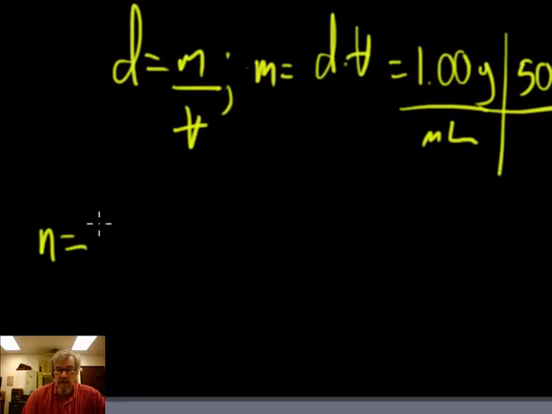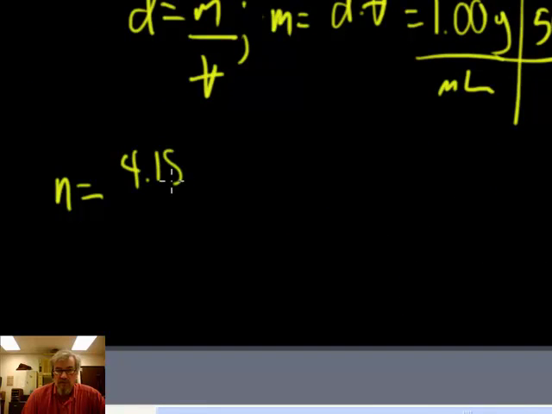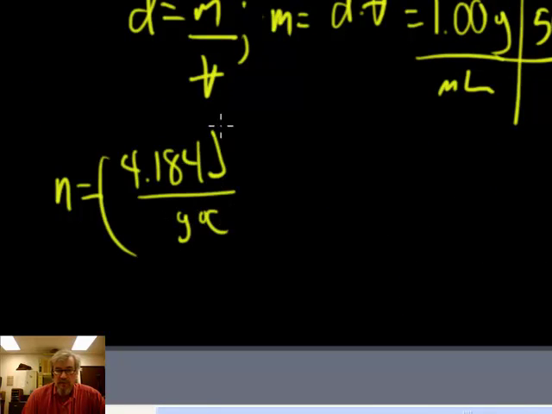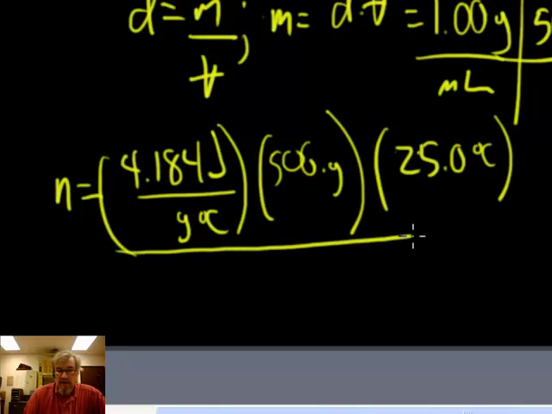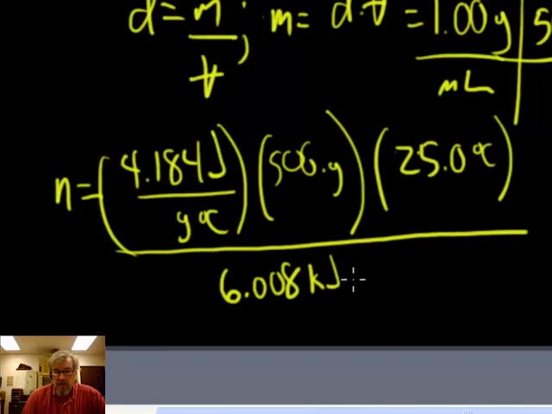So n is specific heat, which is 4.184 joules per gram per degree C, times mass, which we now know is 500 grams, times the change in temperature, which is 25.0 degrees C. We're going to divide this by delta H of fusion. Now, for water, that is 6.008 kilojoules for every mole.